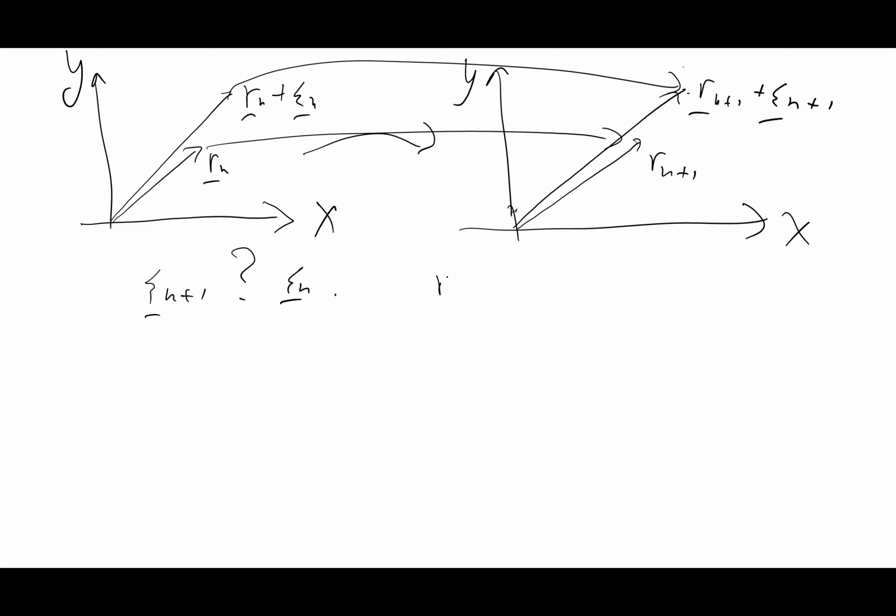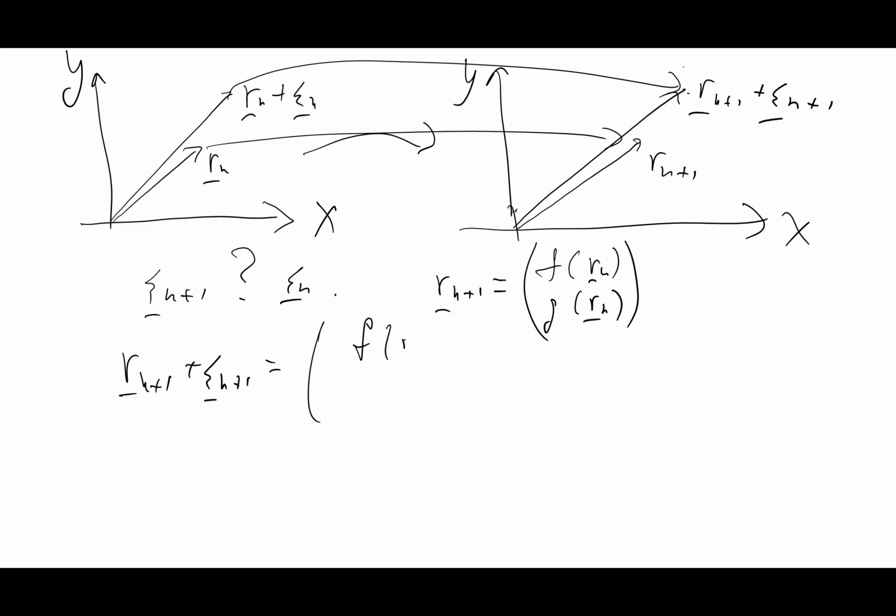So what we have: Rn plus 1 equals f of Rn, g of Rn, and Rn plus 1 plus epsilon n plus 1 will be equal to f of Rn plus epsilon n, g of Rn plus epsilon n. So this is from the definition of our map.